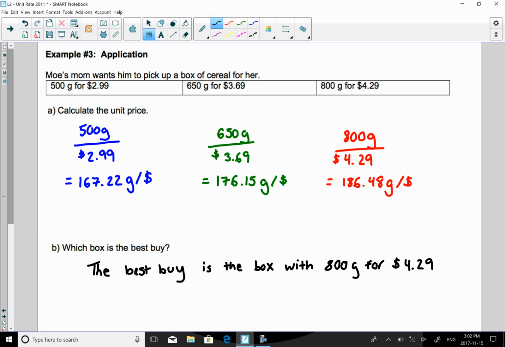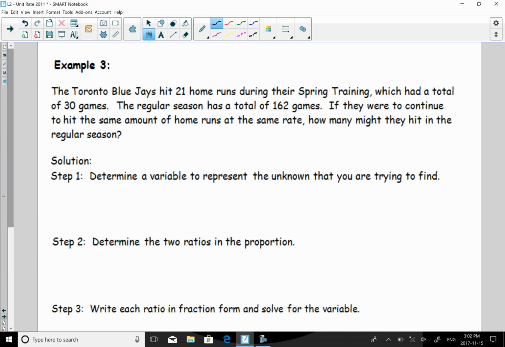In the next example, we're just going to review ratios as per our previous lesson. The Toronto Blue Jays hit 21 home runs during their spring session. So it's important to highlight important facts.